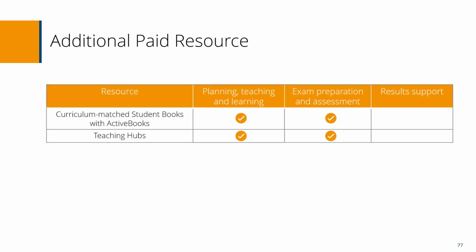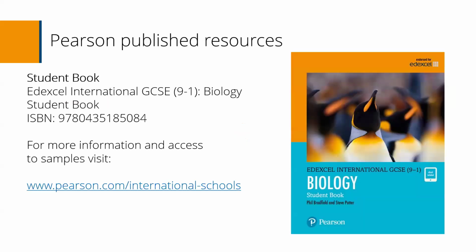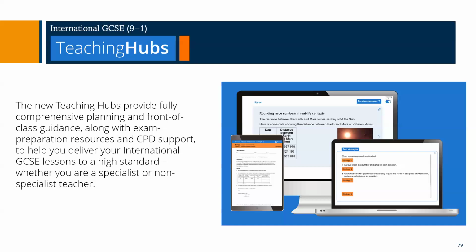So those are additional resources, and there are paid resources as well, such as the student textbooks and ActiveBooks that come out of that. The actual textbook is available for schools to use, and when you've done that, you get 3-year access to the ActiveBook. There's a code inside the textbook that gives you access to an online version of the book as well, if you bought one of those.